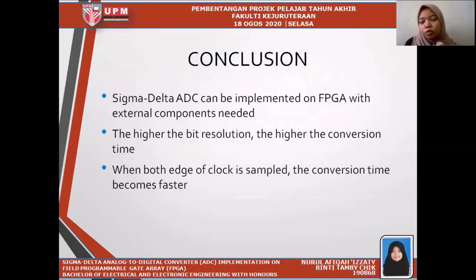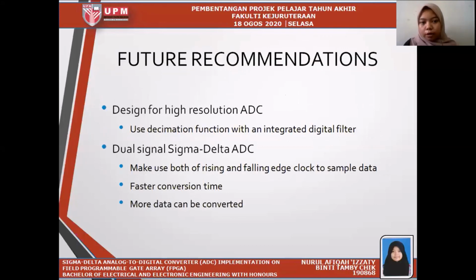The higher the bit resolution, the higher the conversion time, because Sigma Delta only produces one bit at a time. That's why it takes longer for higher resolution conversion. But when both edges of the clock are sampled, the conversion time becomes faster and more data can be converted. For recommendation, I would suggest using a decimation function with an integrated digital filter because it is available inside the FPGA.